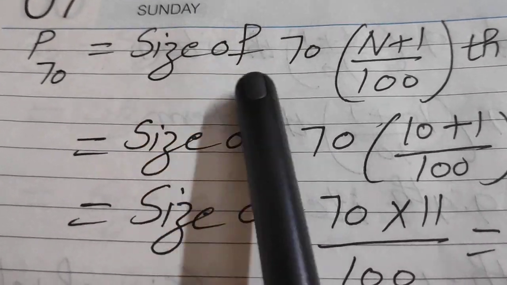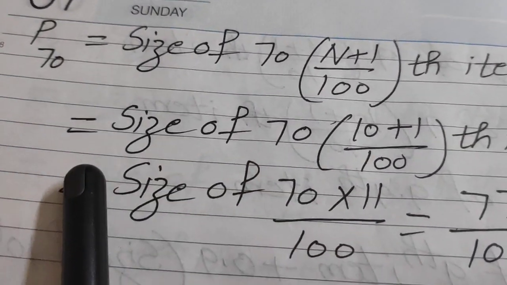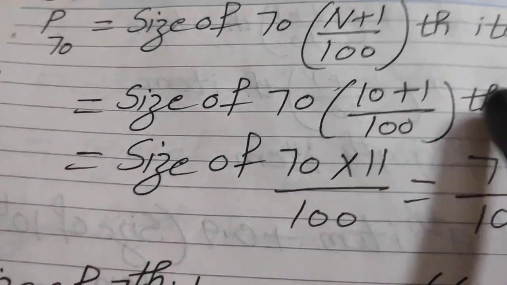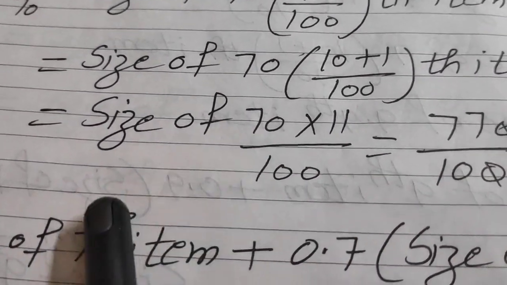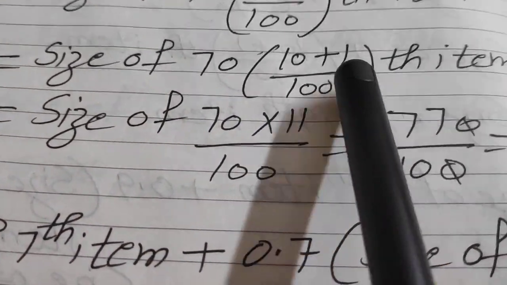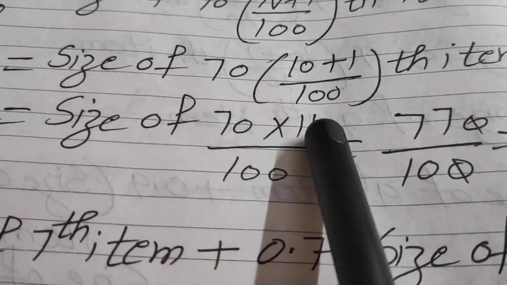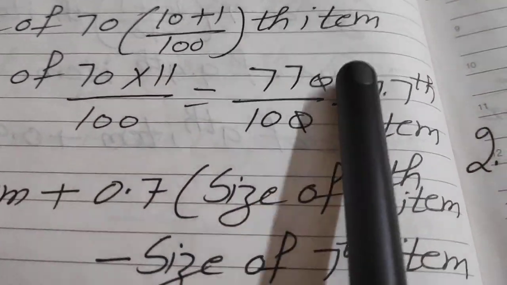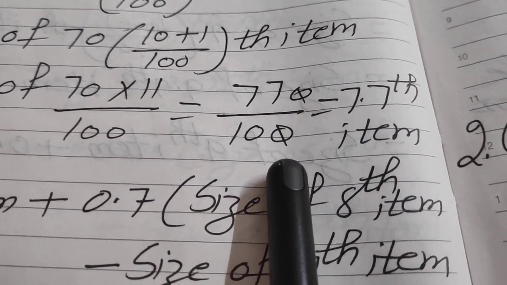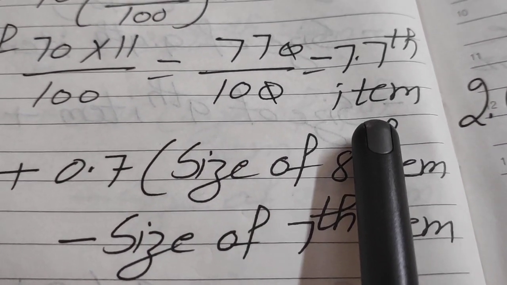Then size of 70 into n plus 1 by 100th item. Now putting the value, it comes to be size of 70 into 10 plus 1, 11 by 100, it is 770 upon 100. So value comes to be 7.7th item.